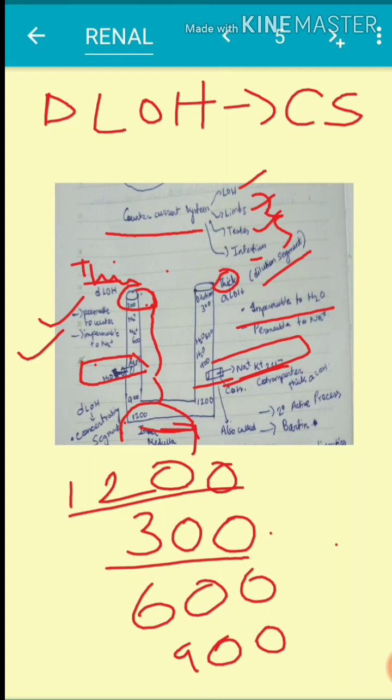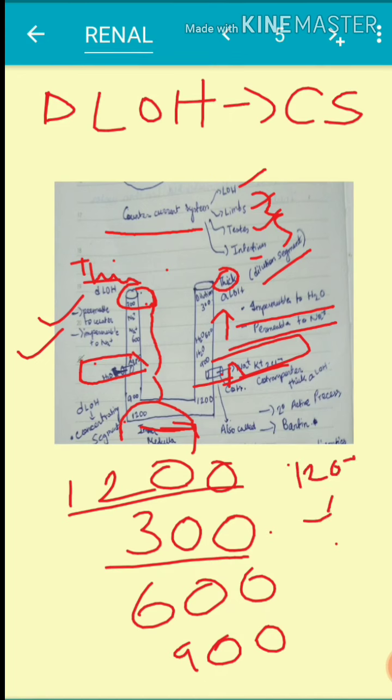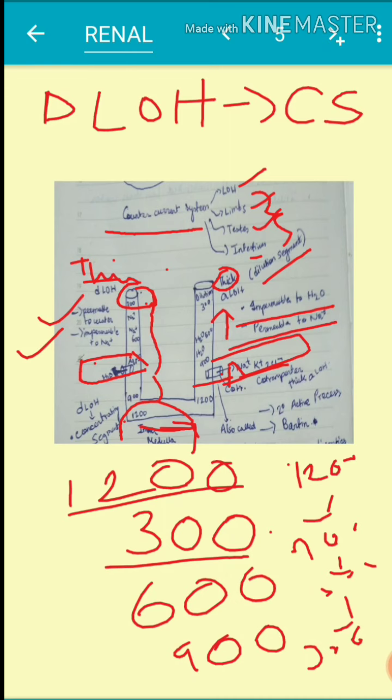Here also, in the ascending loop of Henle, water is impermeable, but it is permeable to sodium. So gradually, as more solutes are moving out, dilution is occurring, and you can again see that gradually from 1200 to 900, 600 to 300, concentration is decreasing.